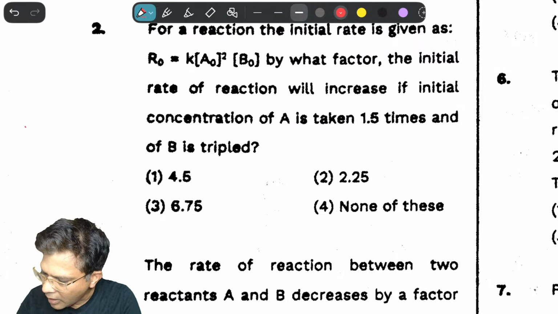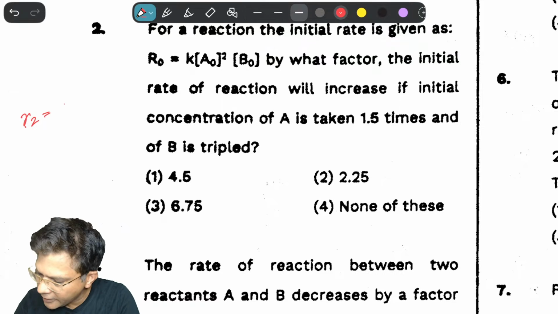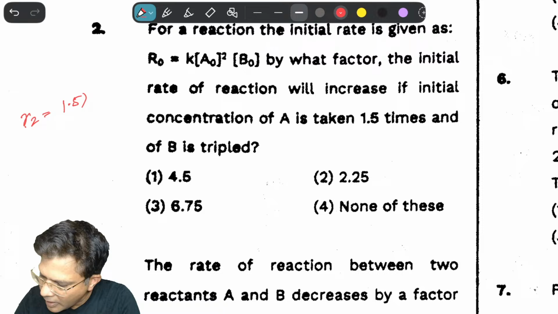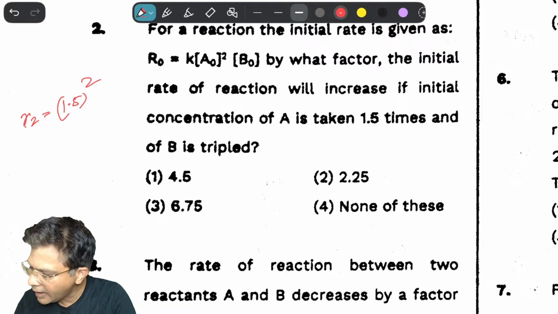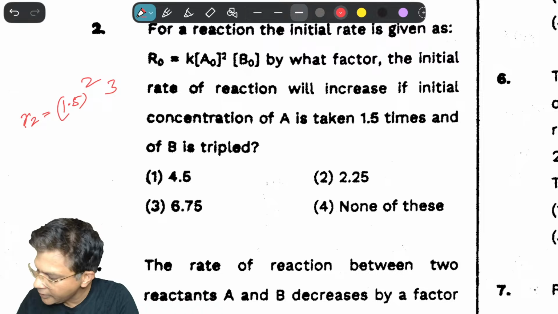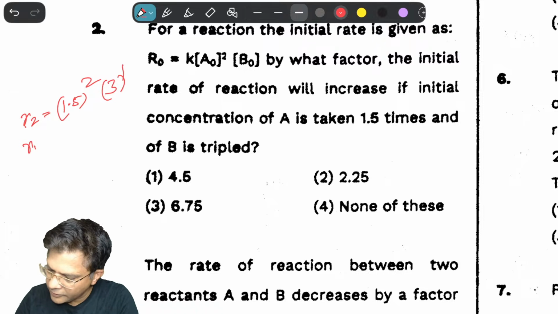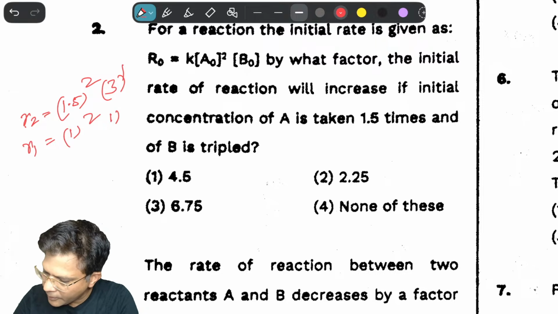So R2 is equal to 1.5 raised to power 2 and B is tripled, so 3 to the power 1. R1 is equal to 1 raised to power 2 and 1 raised to power 1.